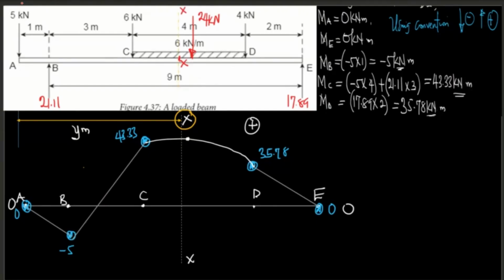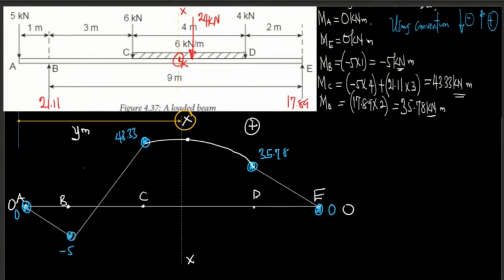So whatever value our bending moment gives us is going to be the value of the maximum bending moment. I believe you are following me.